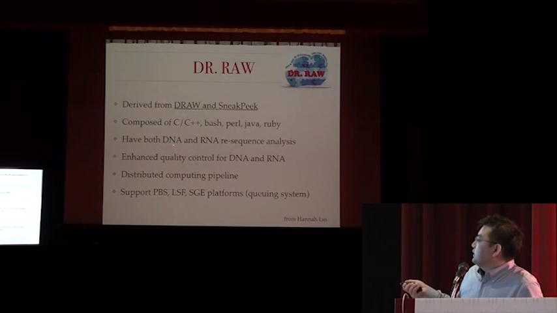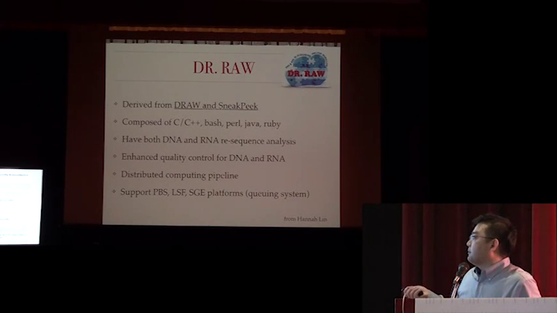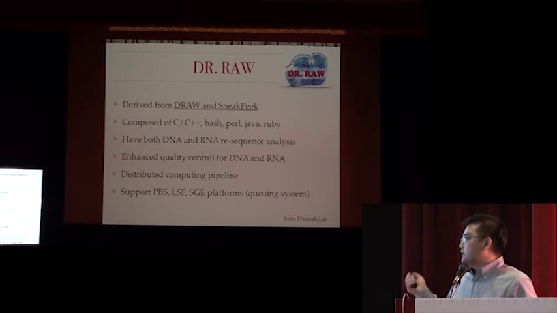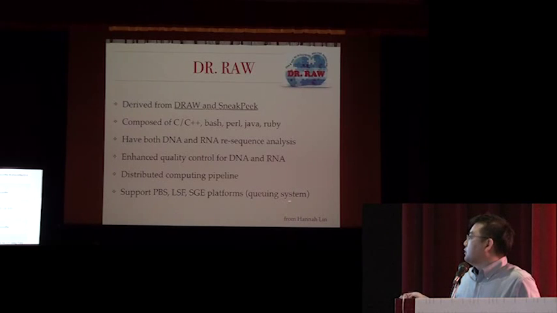It can do DNA sequence analysis and resequencing analysis. We added quality control for DNA. The original pipeline did not do quality control for RNA. This is a distributed computing pipeline, so it requires a PBS, LSF, or SGE queuing system. The original one only has PBS.